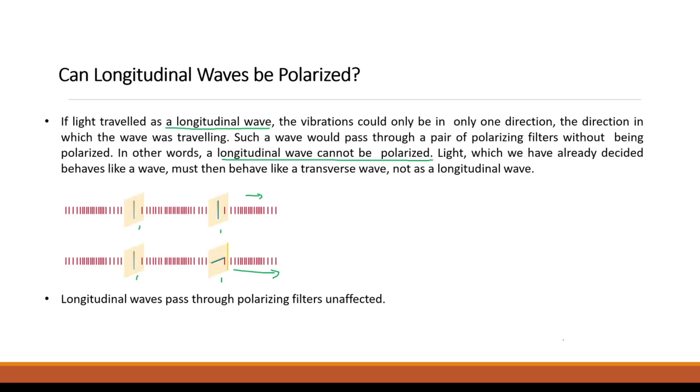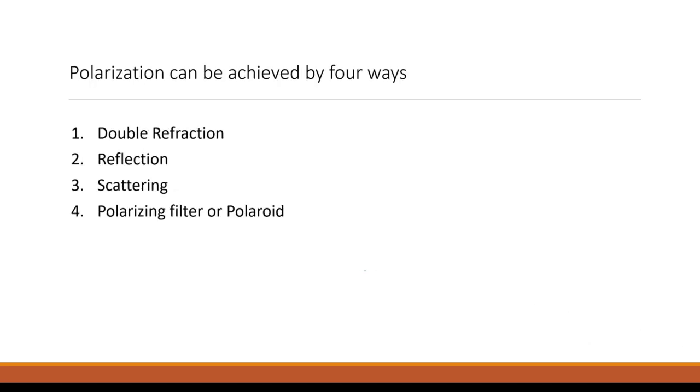But we say that light must be a transverse wave because it's subject to polarizing effects. So we can achieve polarization in four different ways: double refraction, reflection, scattering, and polarizing filter or Polaroid.